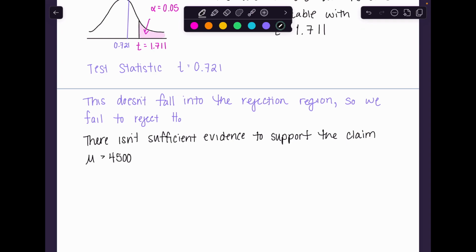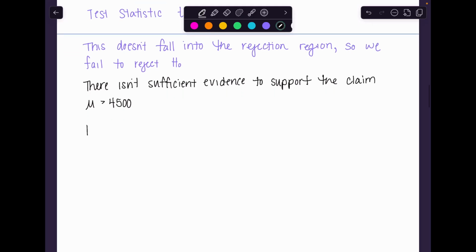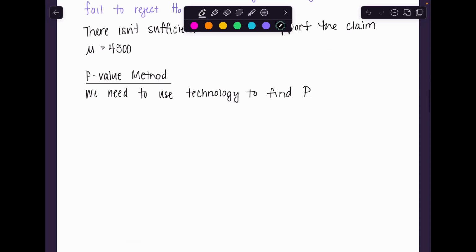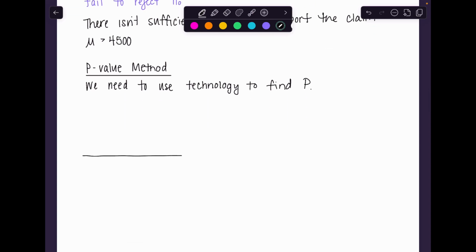Now I want to do exactly the same thing with the p-value method to show that you still get the same result. This one's just a little bit more annoying because here we need to use technology to find p. So if I draw a picture as to what's going on here, again, I've got symmetry on my side with t-distributions.